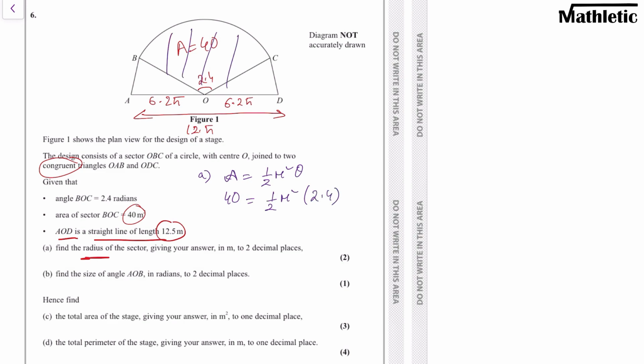I'm selecting this sector. So 80 equals 2.4 r squared. So solving this, we'll get root over 80 by 2.4. So r is actually 5.77, 2 decimal places, 5.77.